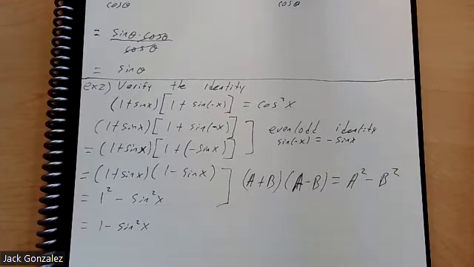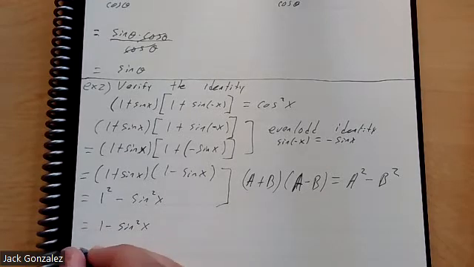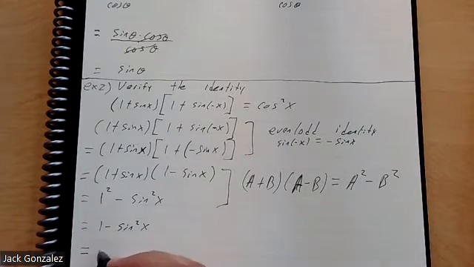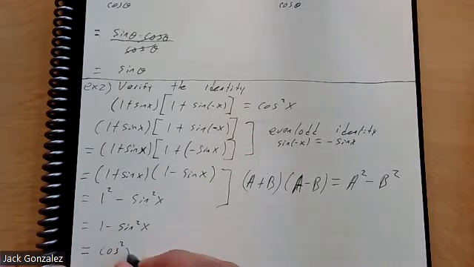So now we have a square. So look at the Pythagorean identities. What is this equal to? Yeah, that is cosine squared, right? So we've arrived where we wanted to go.